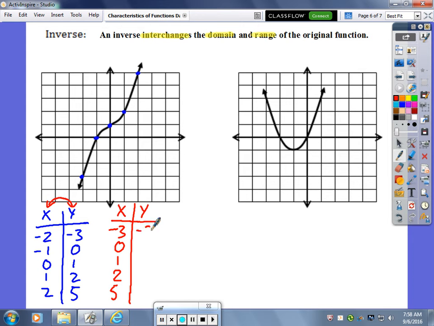Y is -2, -1, 0, 1, and 2. And these 5 ordered pairs we will use to now graph our inverse curve: (-3, -2), (0, -1), (1, 0), (2, 1), and (5, 2).